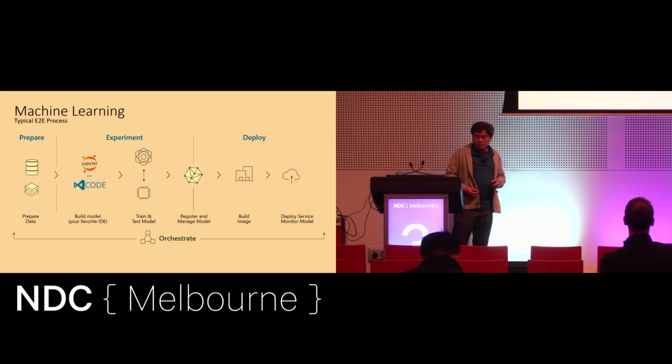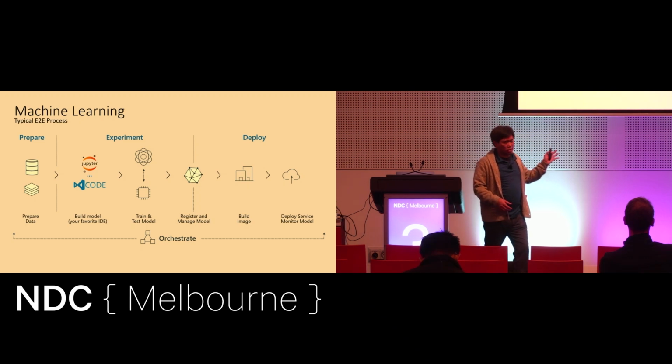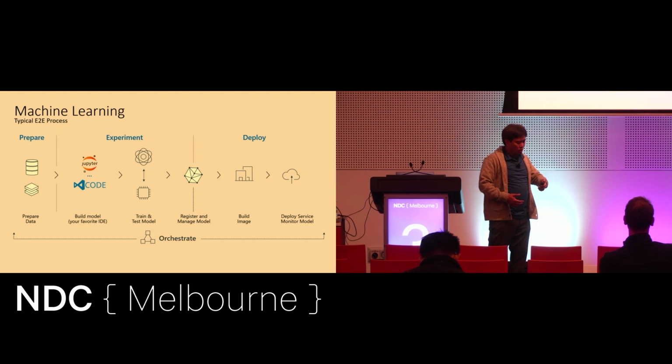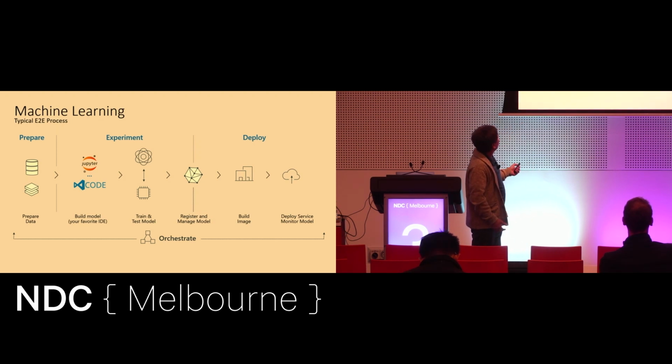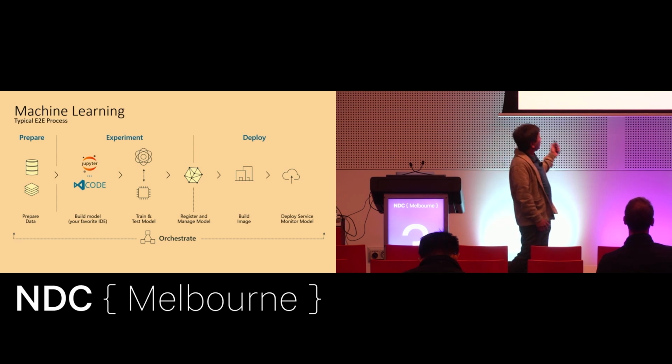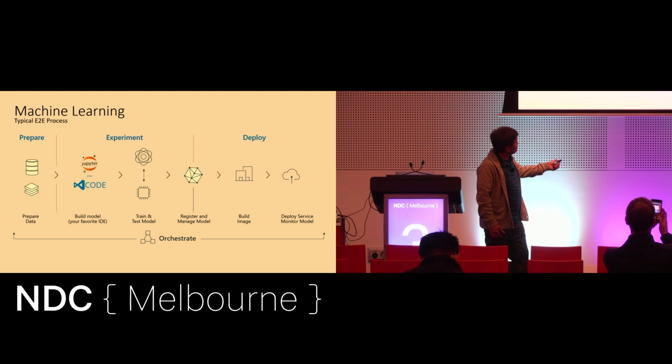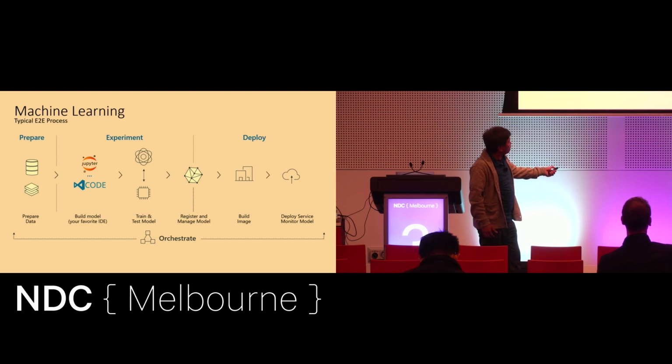Okay, the typical end-to-end process of how you would create these models is, either you have it in Jupyter code or maybe you have it in Azure Machine Learning, right? And you train it. The advantage of Azure Machine Learning is there's a way that you can register, and this is the key part of it, right? Register and manage your model. So it's kind of like GitHub.